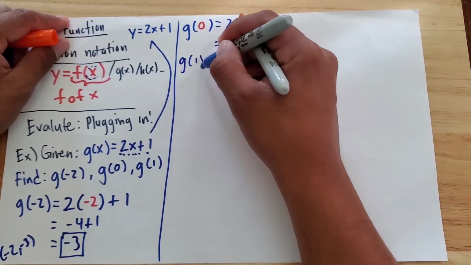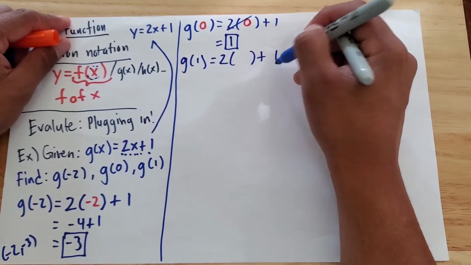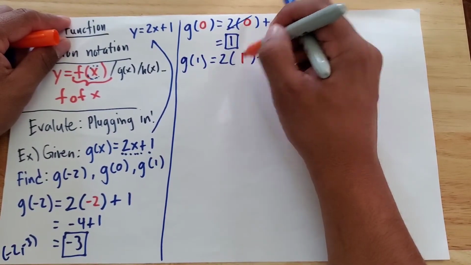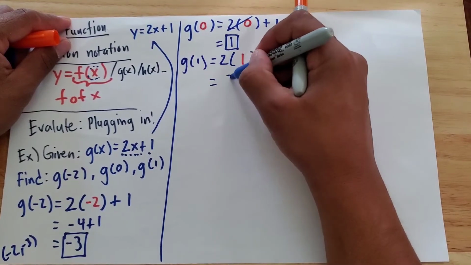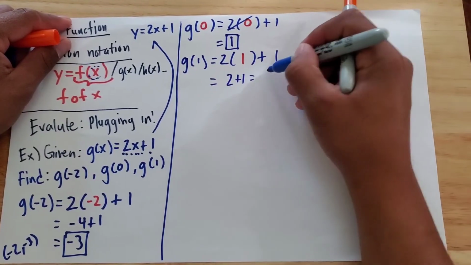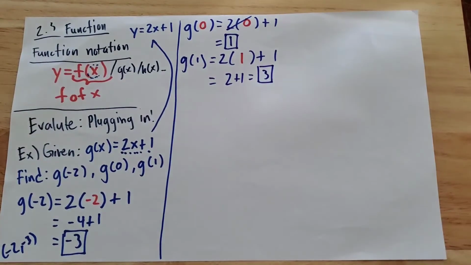The next one, g of 1, same thing, 2 parentheses plus 1. That's where x used to be, and I'm plugging in a 1 into there. 2 times 1 is 2, plus 1 is going to give us 3. And that's it. There's not too much to the evaluation part.